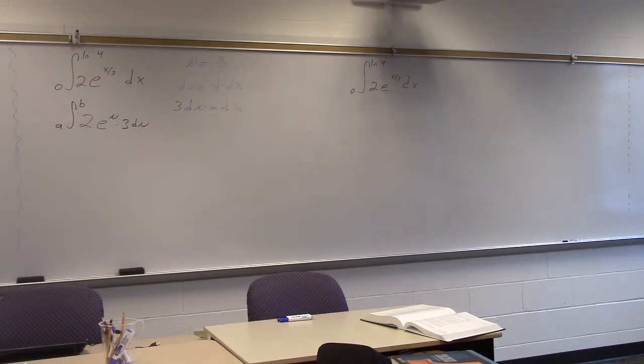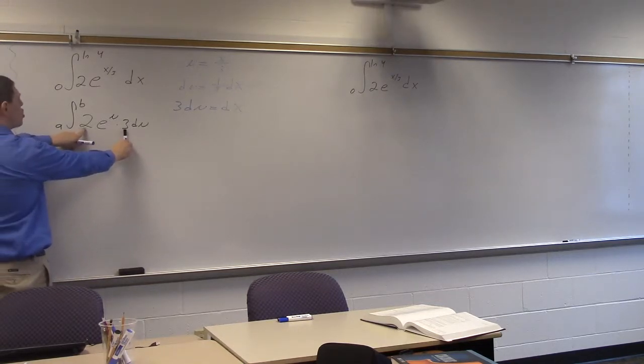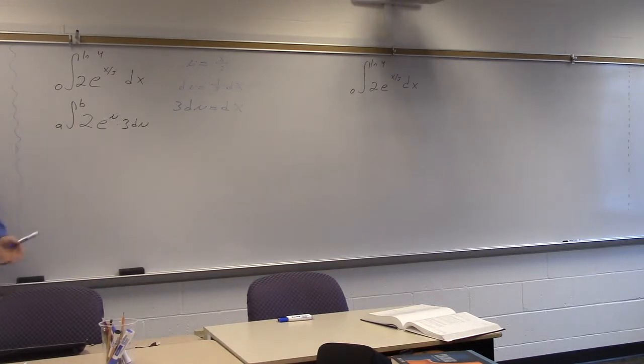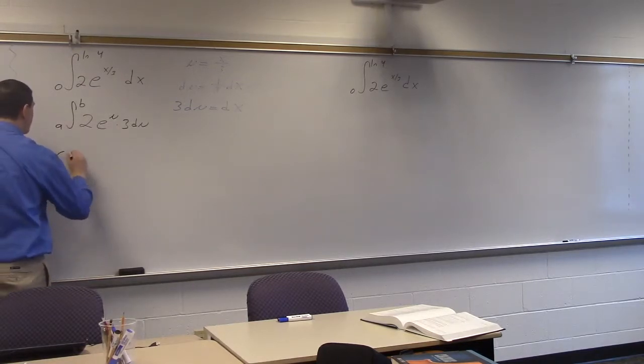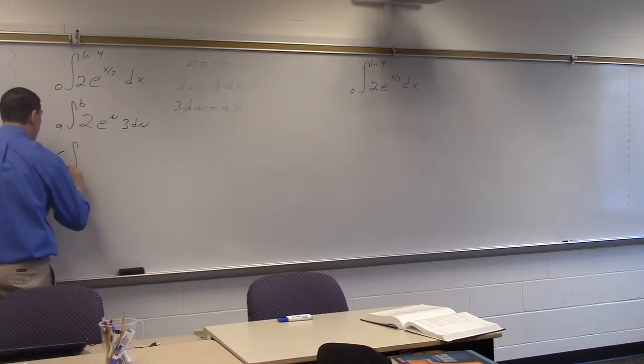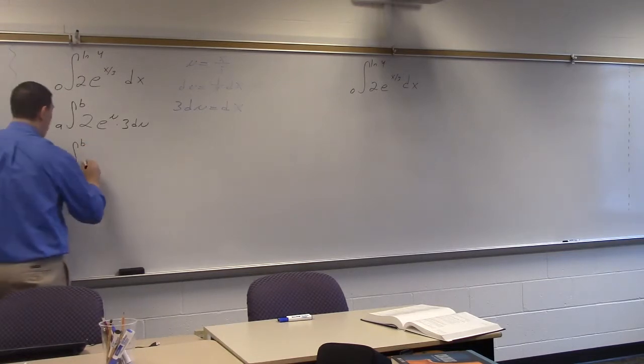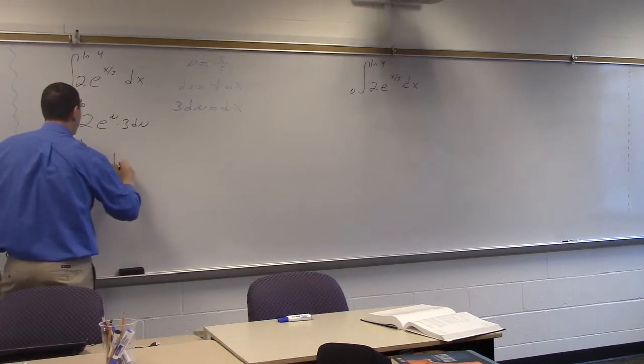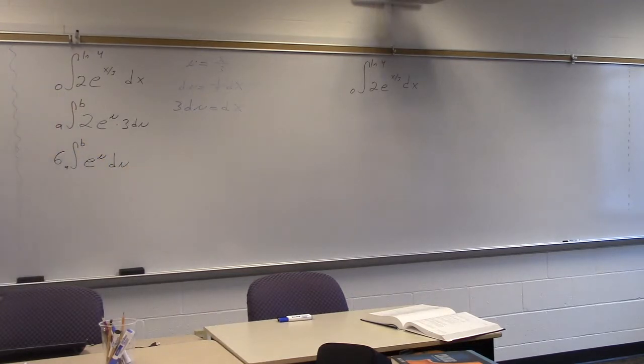Okay. Now, before we perform any integration, let's factor out the 2 and the 3 to get down to a basic integral. We know that 2 times 3 is 6, so let's factor a 6 out. So we get 6 integrals from a to b of e to the u du. Now, we know that this is a basic integral.